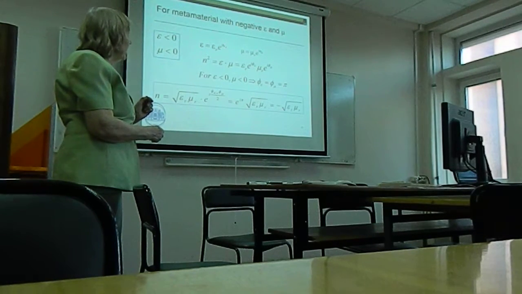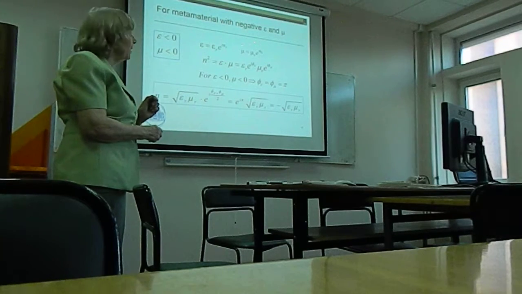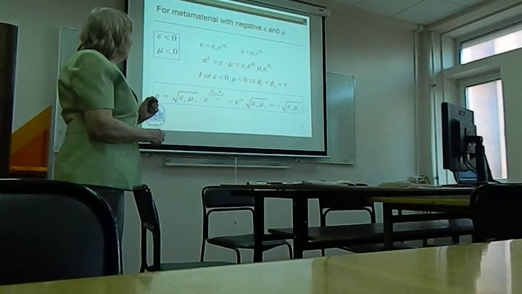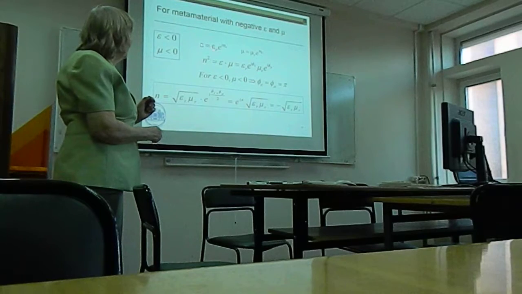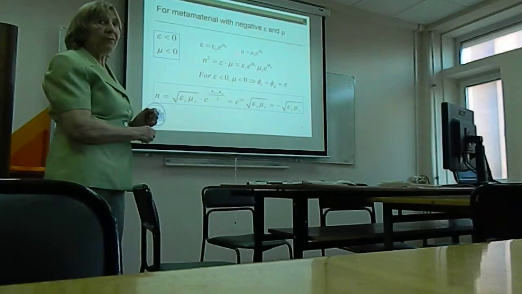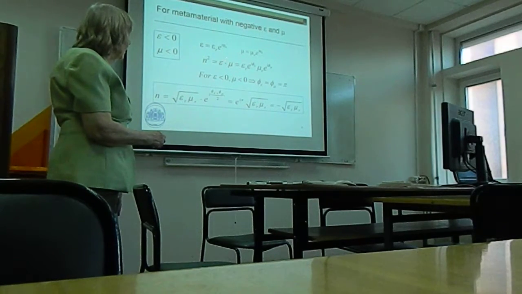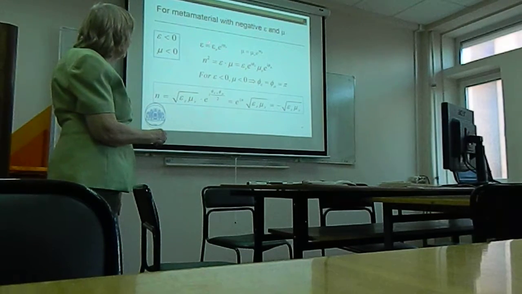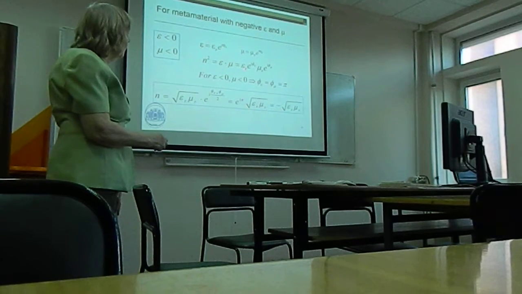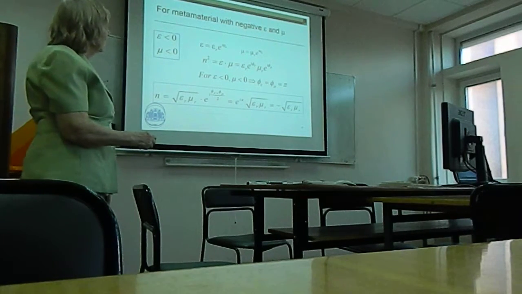This is the phase, and this is the imaginary unit. So for both materials, we can present in such a way. Then n squared, the refractive index squared, is defined by the product of these two parameters. And if you substitute these parameters, we obtain this expression.